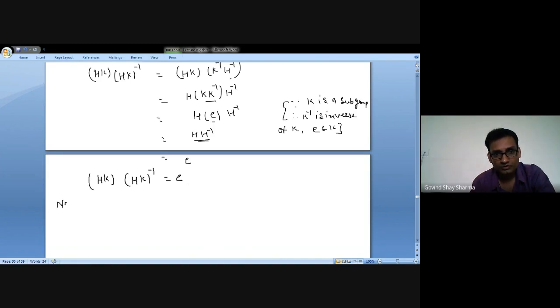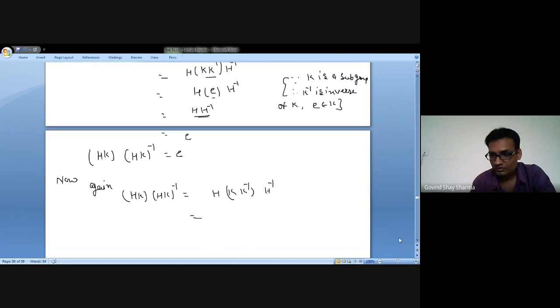Now again, HK inverse is HK K inverse. K is a subgroup, so we take K inverse is equal to K. So here we find HK is equal to KH.